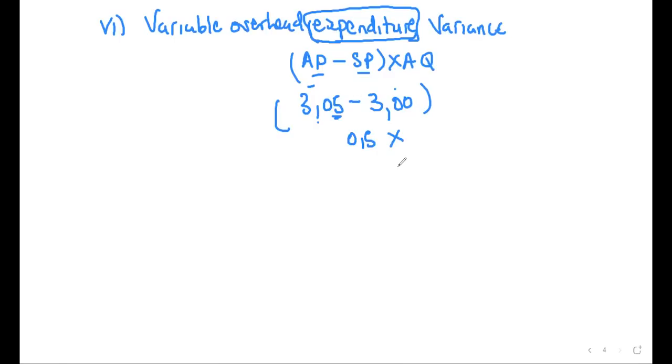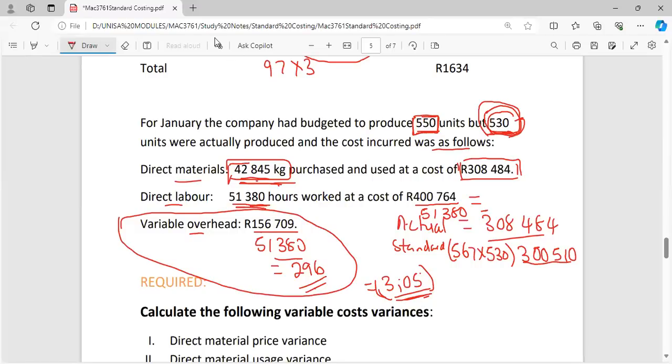Remember, this is per hour, so our quantity is the actual quantity of hours that were worked, which is 51,380. So we're going to multiply by 51,380.